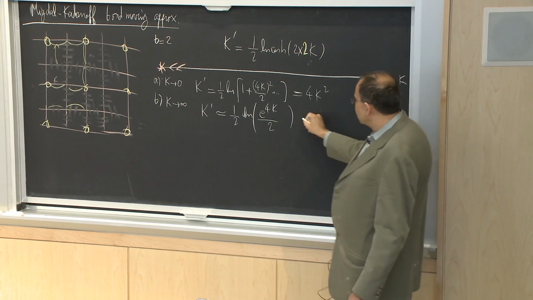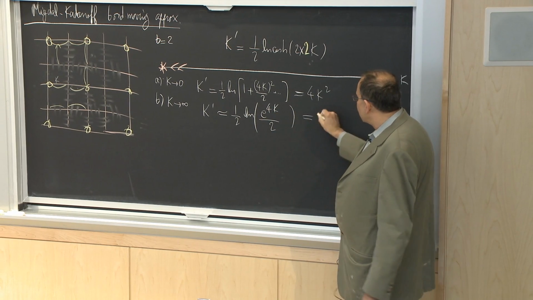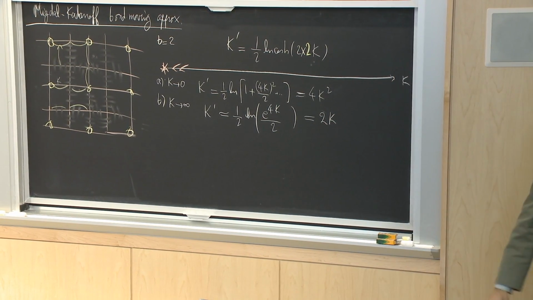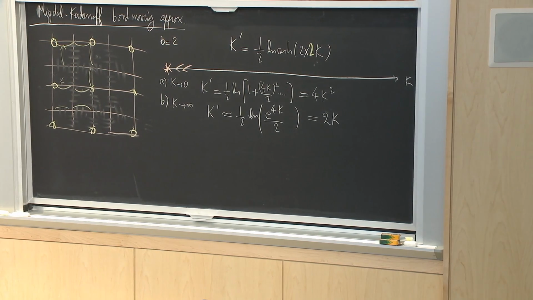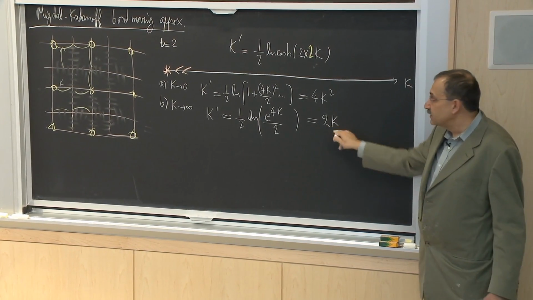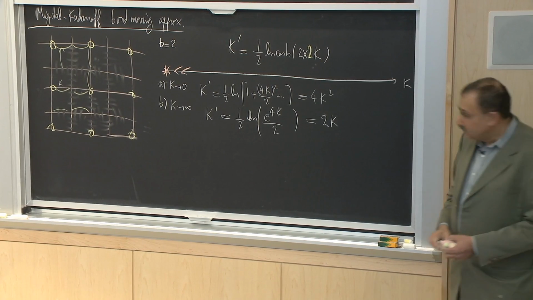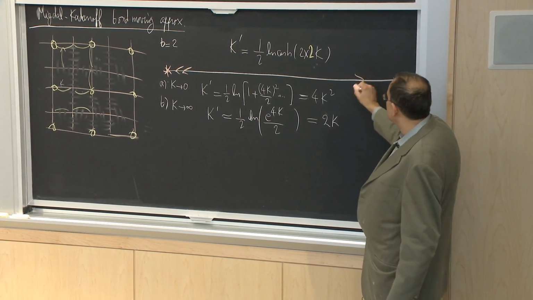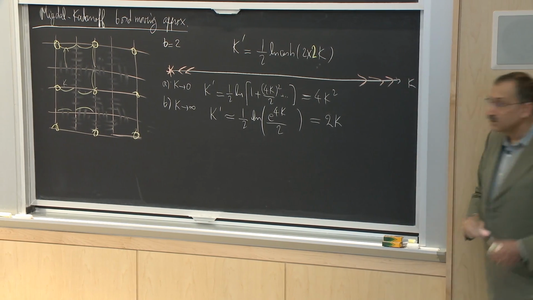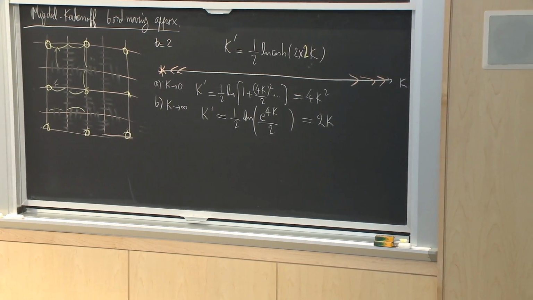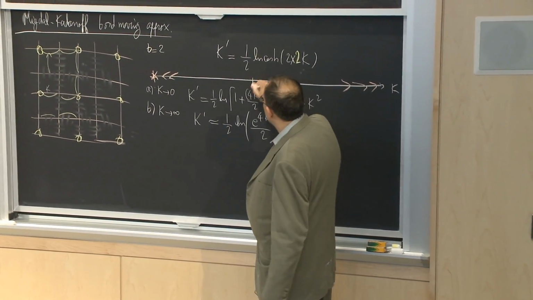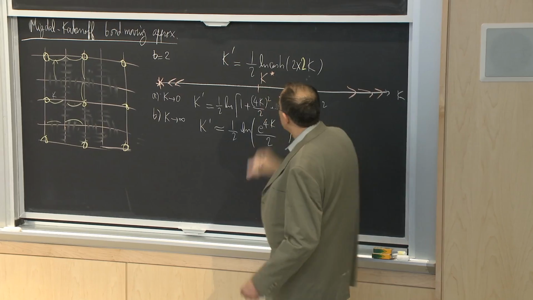So you can see that in this case, I will have 2k. I can even ignore the minus log 2, which previously was so important, because previously we had 1 here and now it became 2, which means that if I start with 10,000, it will become 20,000, 40,000, and I go in this direction. So again, by necessity almost, I must have a fixed point at some value in between.